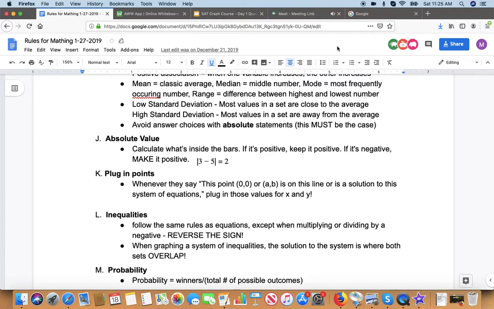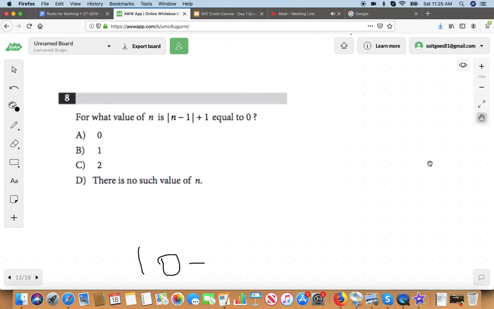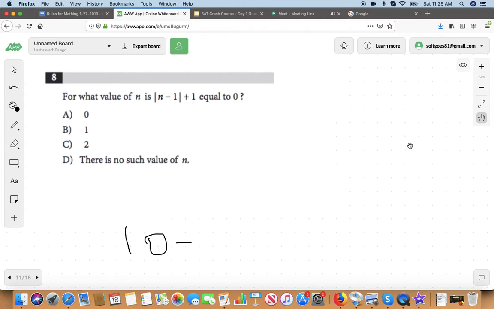All right. So let's go back to the question, and let's plug these answer choices in for n. Can I see you do that on the whiteboard, please? Great. I guess we'll start with A. So 0 minus 1 in the bars, plus 1.